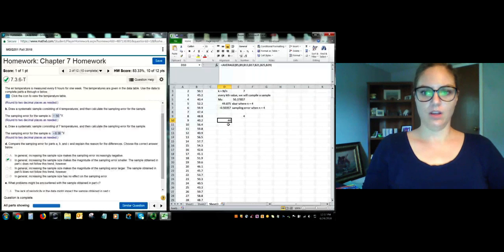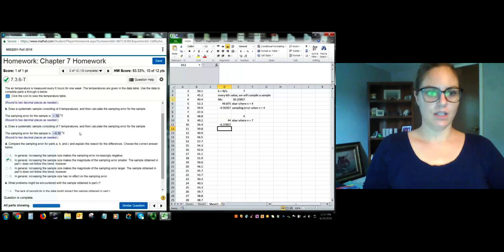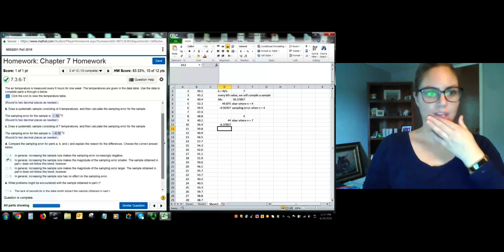Good. Okay, so this is my average, and again, x bar when n is equal to 7. Again, getting the sampling error is x bar minus mu, and that's giving me that negative 6.38 degrees Fahrenheit.